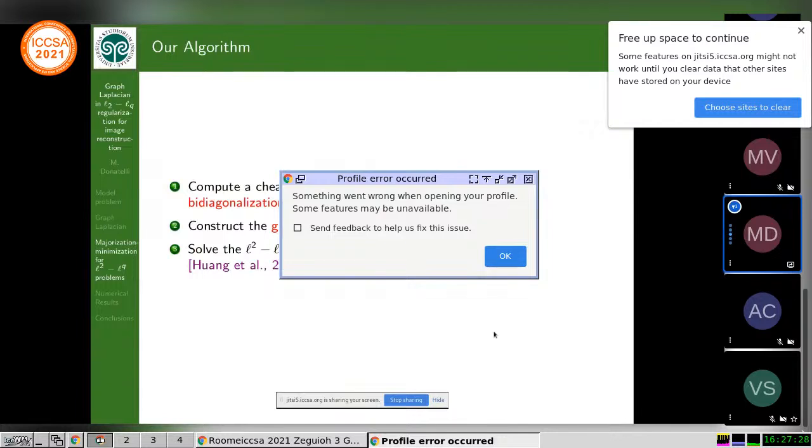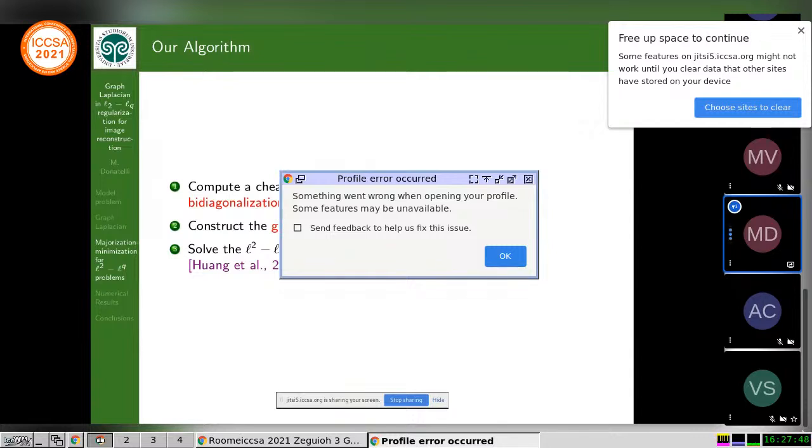And now we have an initial approximation of our restored image. We know that with the L2 regularization, this may be too smooth, but we don't need a really accurate restoration.